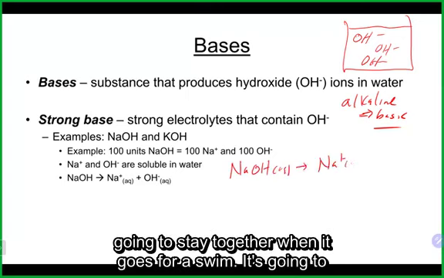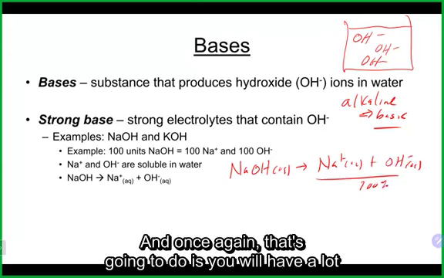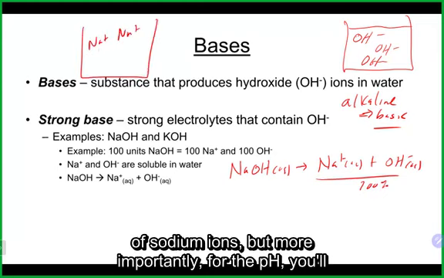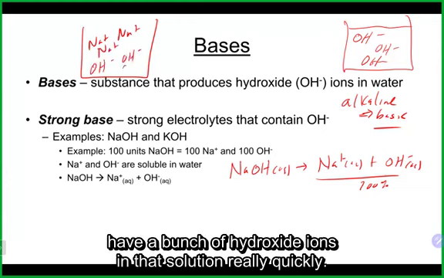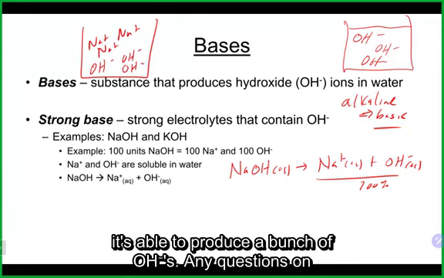When it goes for a swim, it's going to break apart completely into these ions. And once again, what that's going to do is you will have a lot of sodium ions, but more importantly for the pH, you'll have a bunch of hydroxide ions in that solution really quickly. And again, that's going to make it really, really basic because it's able to produce a bunch of OH minuses.